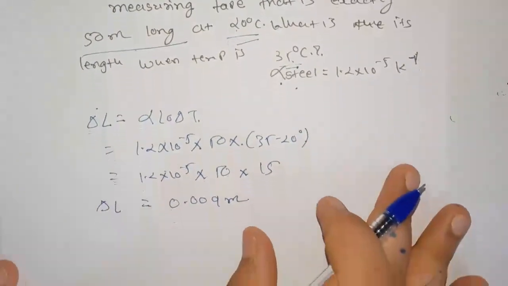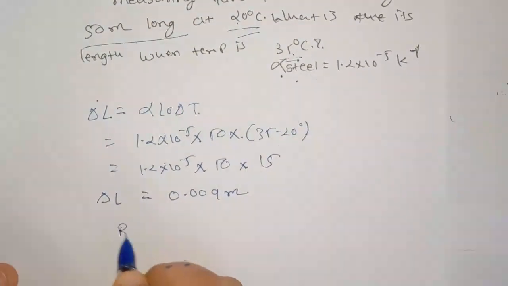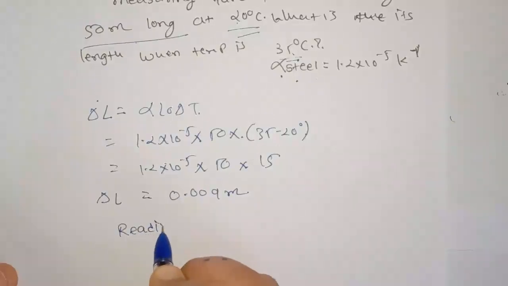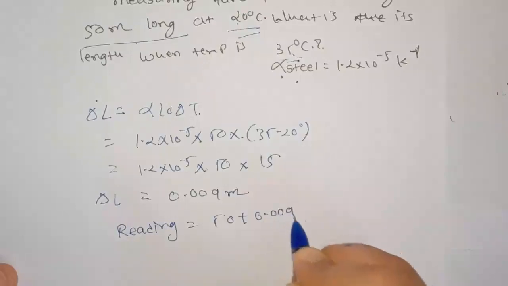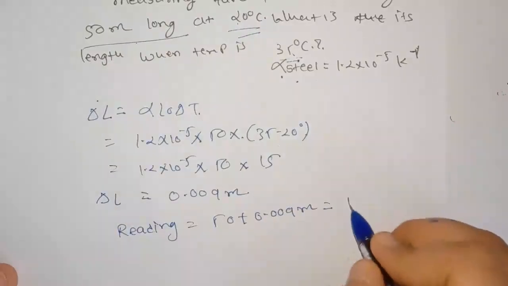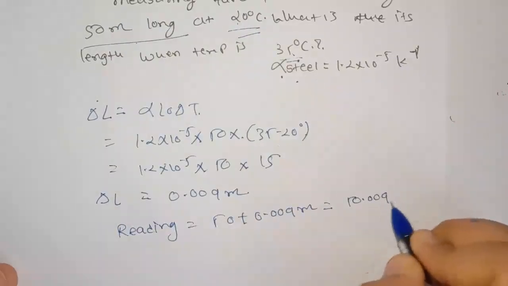So at a temperature of 35 degrees Celsius, the reading will be 50 plus 0.009 meter, that will be equal to 50.009 meter.